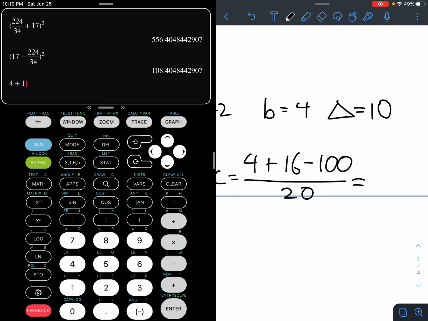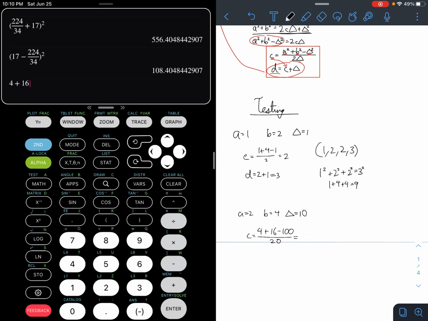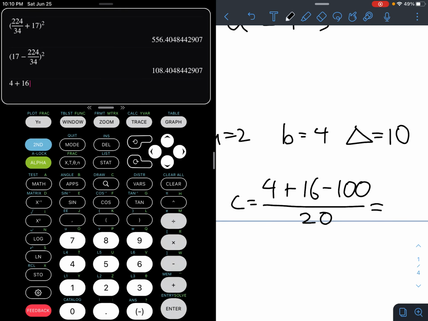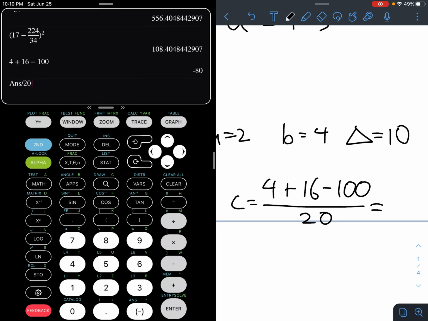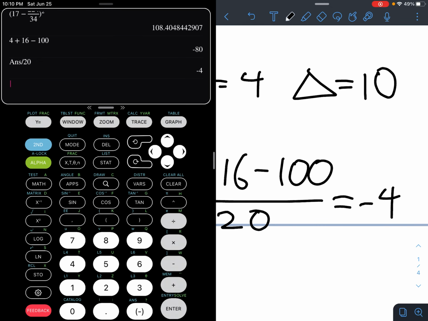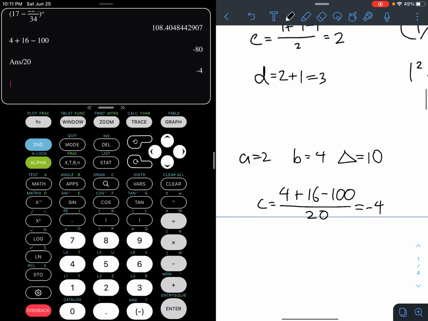So it's gonna be 4 plus 16. I think I've done this correctly, right? A squared plus b squared minus delta squared, 4 plus 16 minus 100, divided by 20. And we get negative 4. Not to worry, it's negative 4, but it'll get squared anyway, so that's fine.